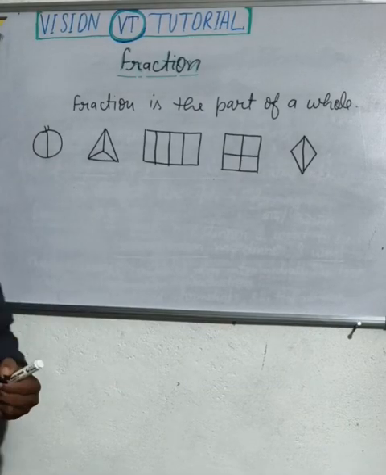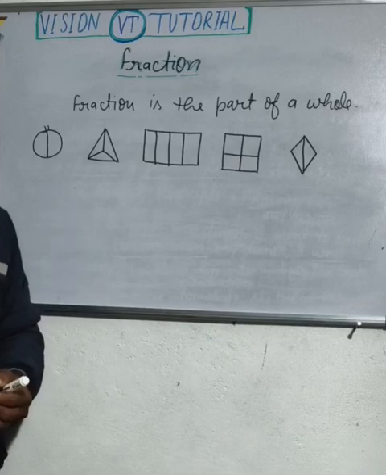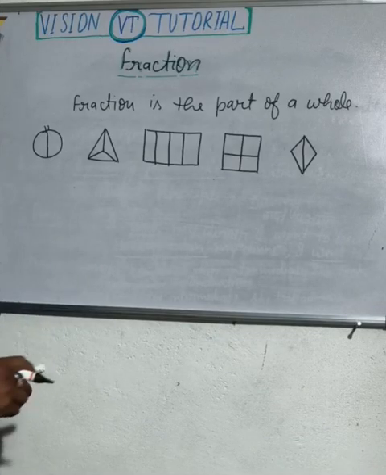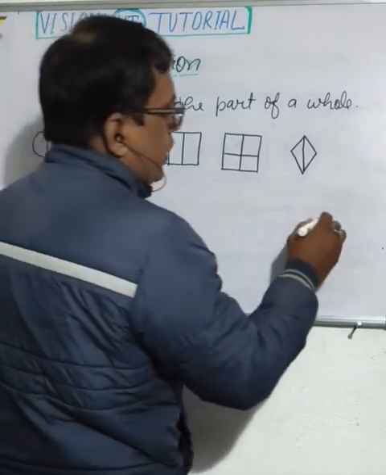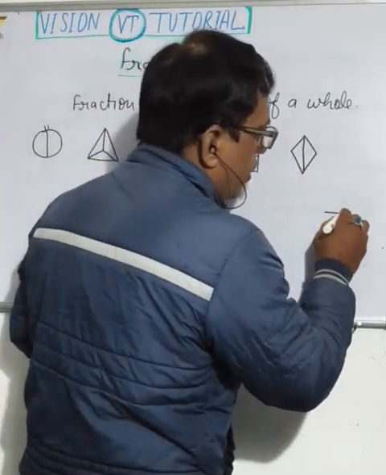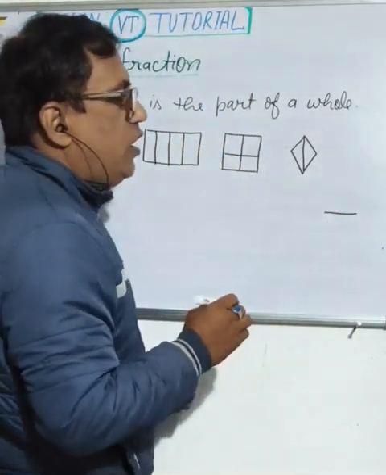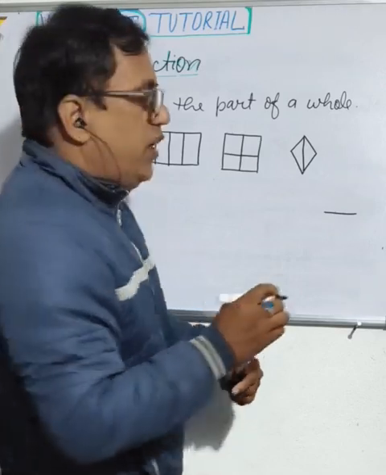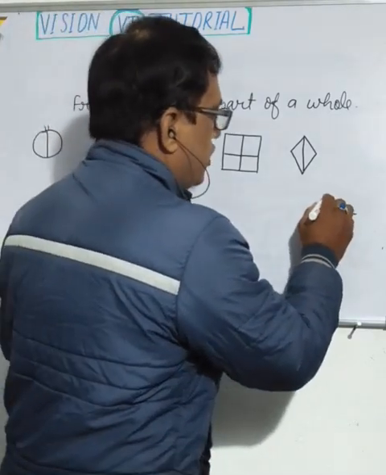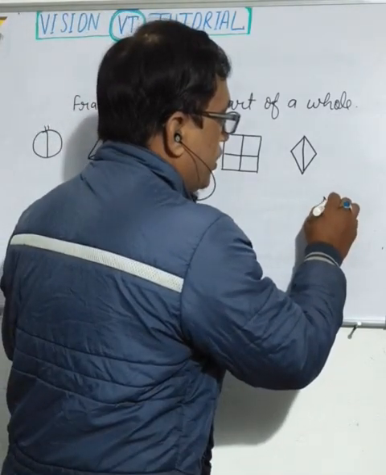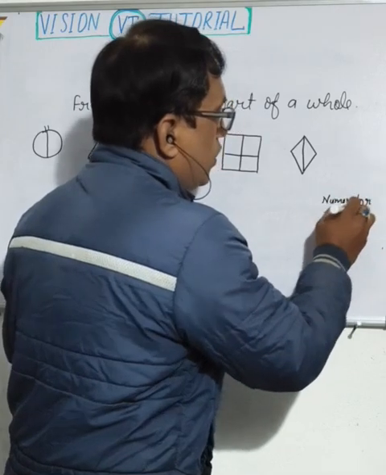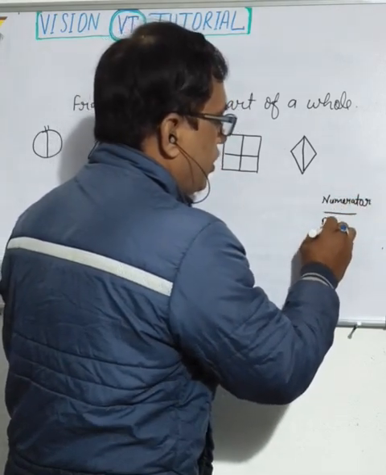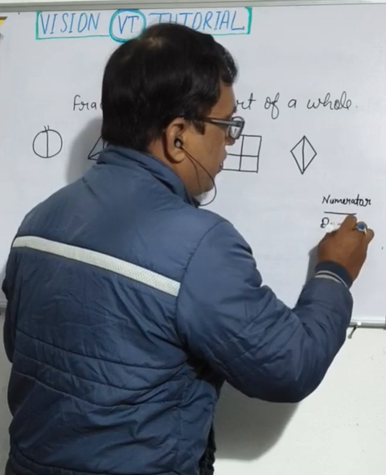Before that, let me tell you how a fraction is represented. Actually a fraction is represented by a horizontal line, and the portion above it is called the numerator, and below that there is the denominator.